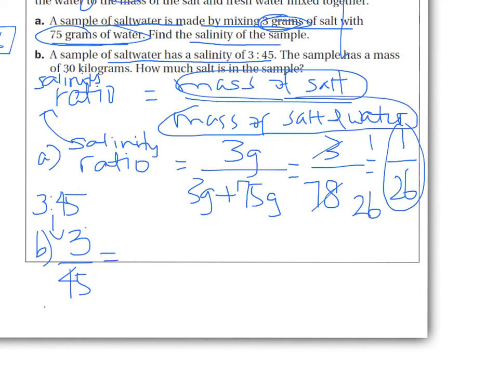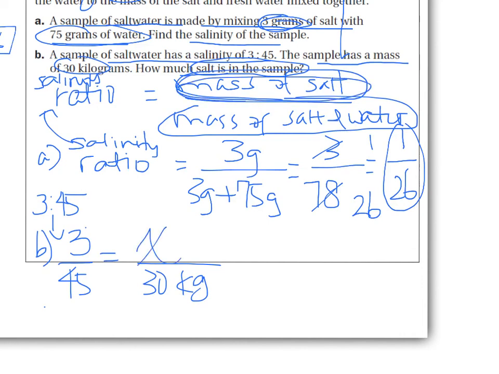Let's see what the problem has next. The sample has a mass of 30 kilograms. So I know that's salt and water, so I need to put 30 in the denominator. And how much salt is in the sample? Remember, in the numerator it's the mass of salt, so I put x on top, and it's also kilograms.